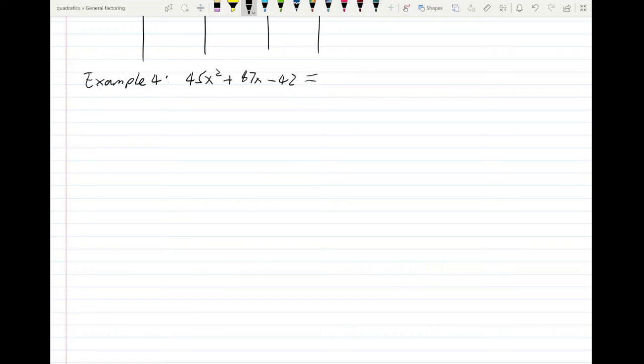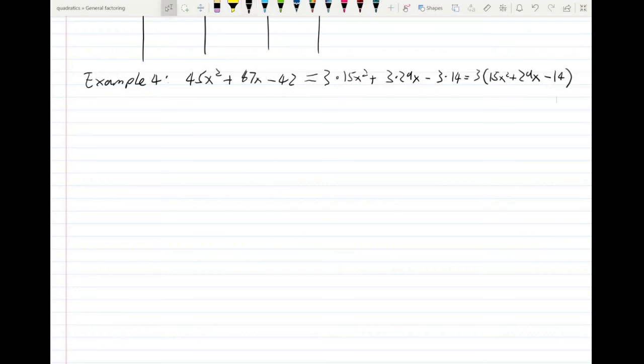So we'll have 3 times 15x squared plus 3 times 29x minus 3 times 14, which is equal to 3 in parentheses 15x squared plus 29x minus 14.